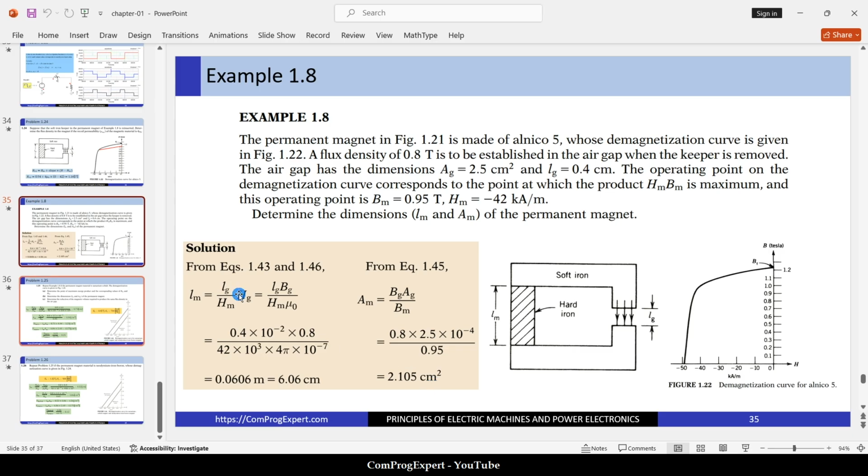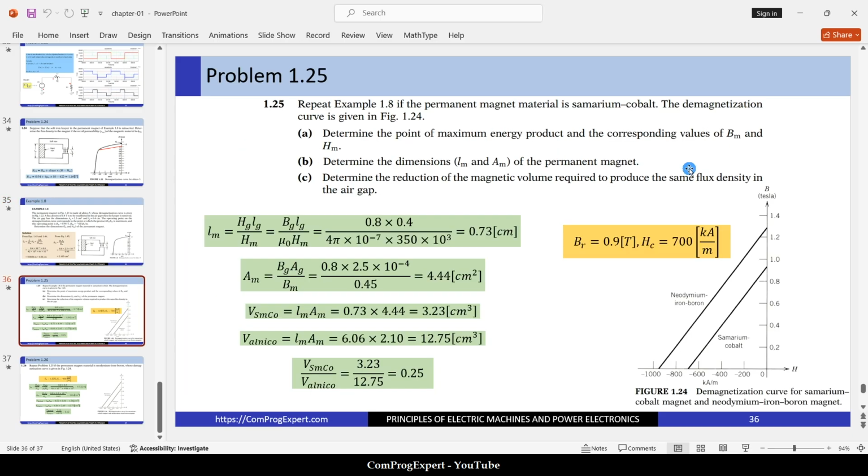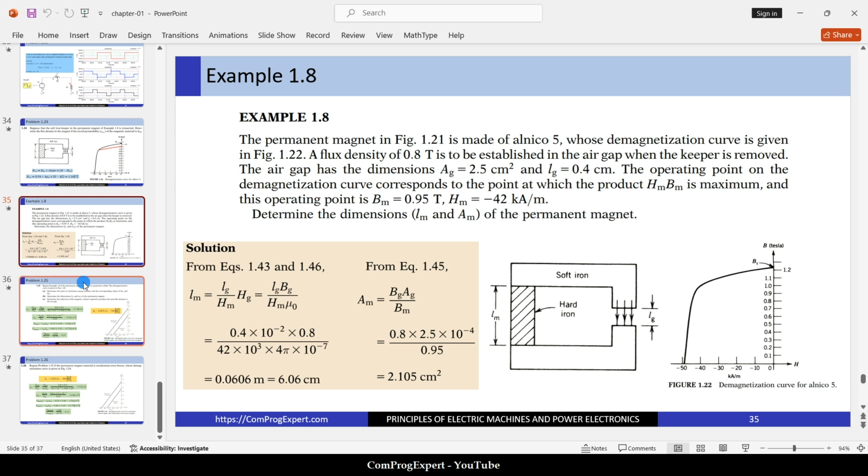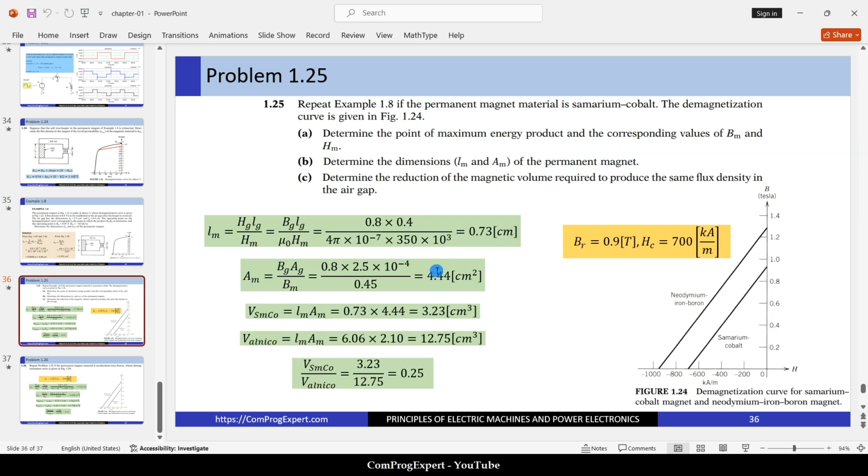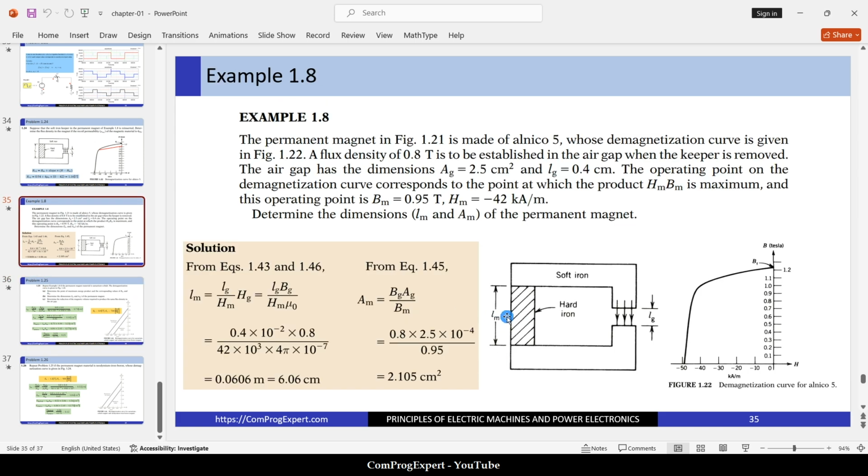But what if we use another grade, for example samarium cobalt? In this case, the energy product of the magnet is higher, and this magnet, samarium cobalt, is stronger than alnico 5. Maybe we can reduce the amount of the magnet used, the volume of the magnet.